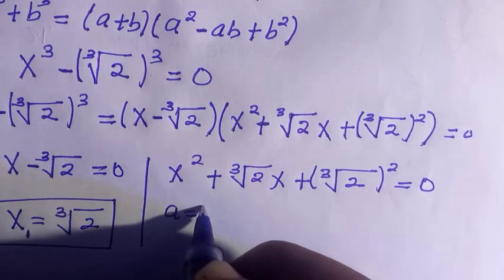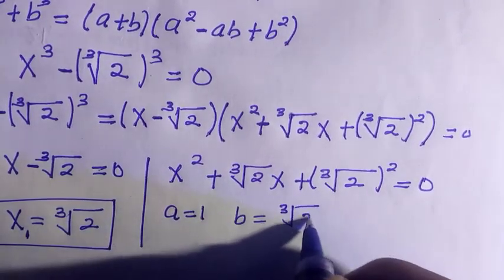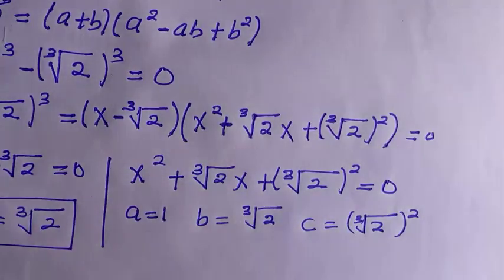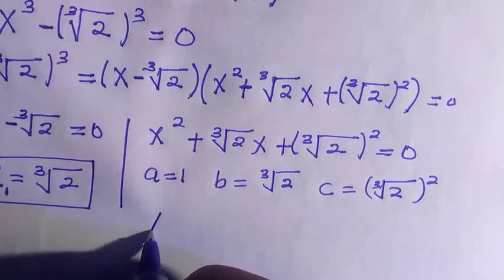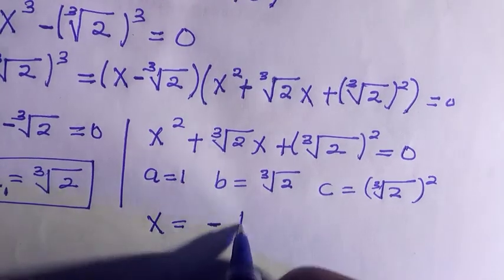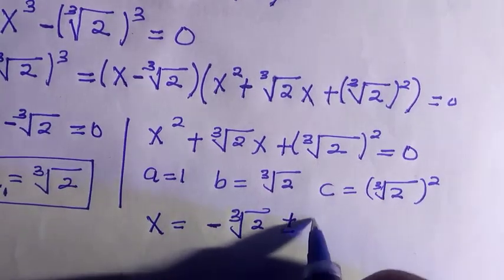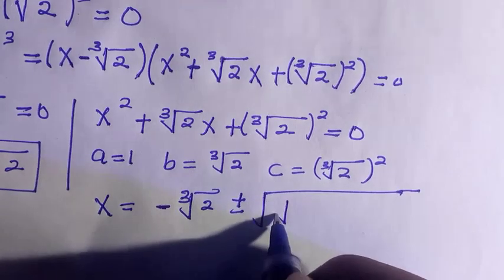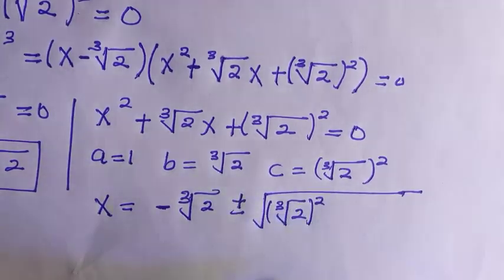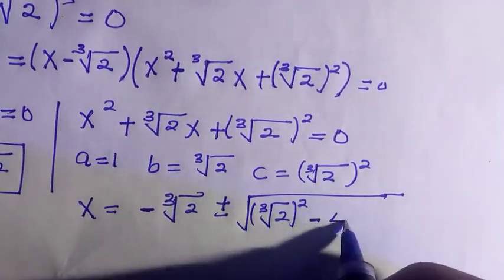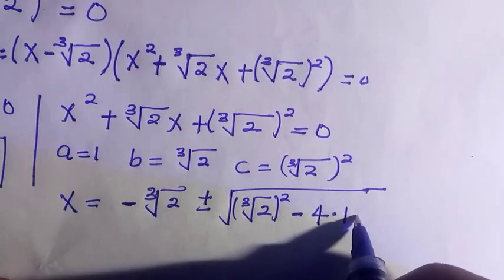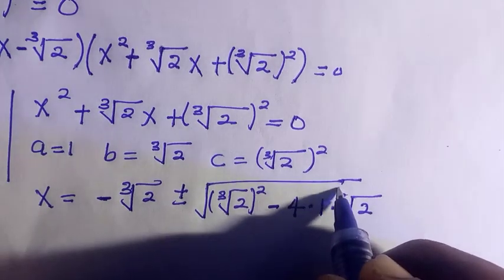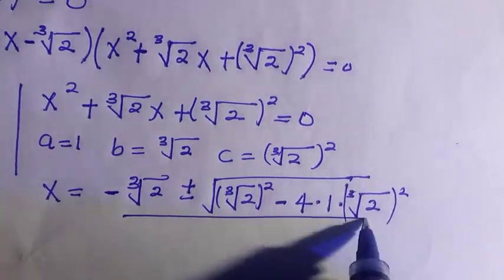If you have a equals 1, b equals the cube root of 2, and c equals the cube root of 2 all raised to power of 2, and by applying the quadratic formula here, we have x equals minus cube root of 2 plus or minus the square root of, we know b is still the cube root of 2, so we take the square of it, we have cube root of 2 all raised to power 2 minus 4 times a, which is still 1, times c, which is the cube root of 2 all raised to power of 2, and we divide everything by 2.